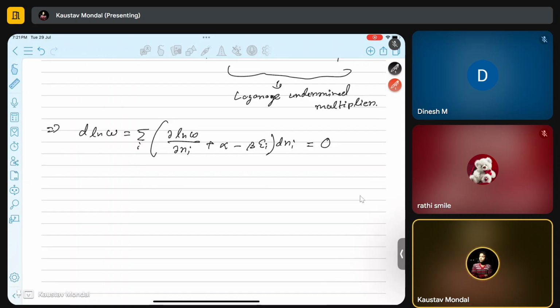Either you can also write it like this: delta ln w by delta ni plus alpha minus beta ei equal to 0, as dni can never be equal to 0.